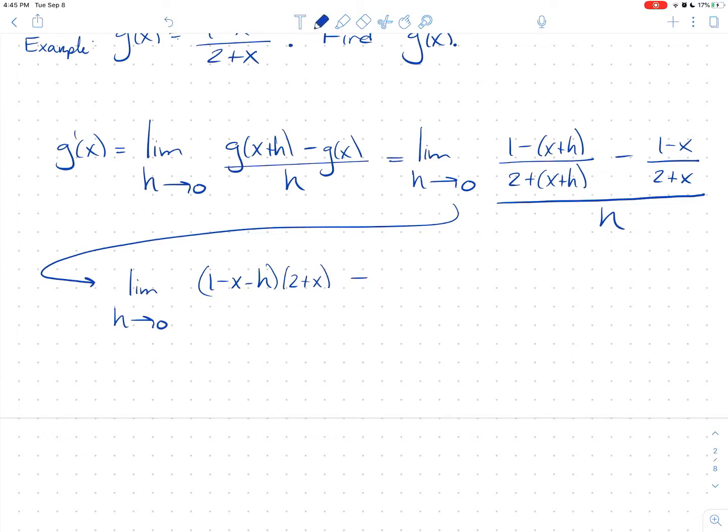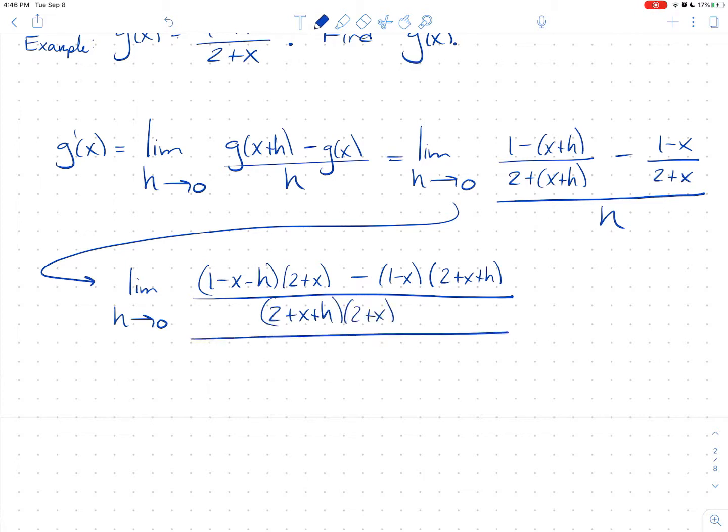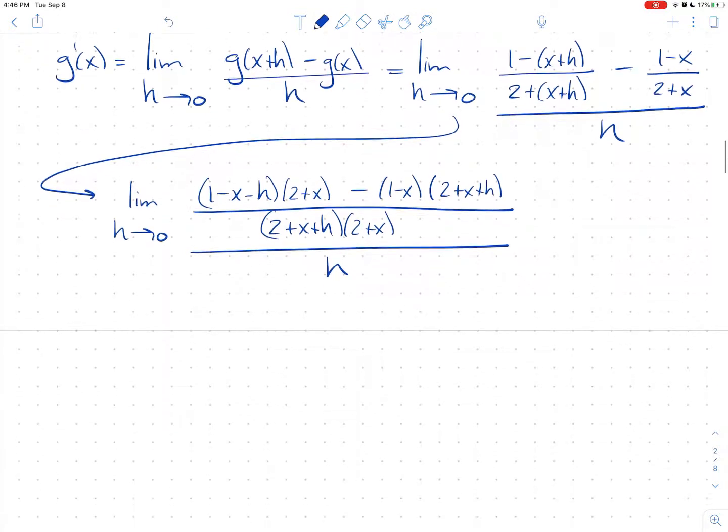Then I'm going to have minus 1 minus x, because this negative applies to the whole thing here. So 1 minus x times, I need to get the other side, 2 plus x plus h. So I'm multiplying this denominator top and bottom here. And then I'm going to have everything over the common denominator of 2 plus x plus h times 2 plus x, all over h. Oh yes, this is epic.